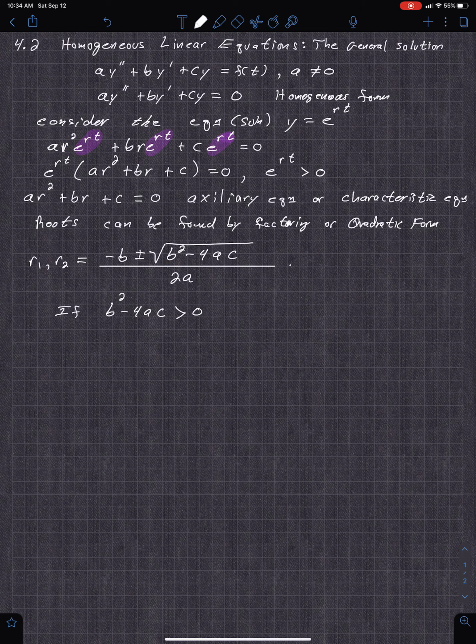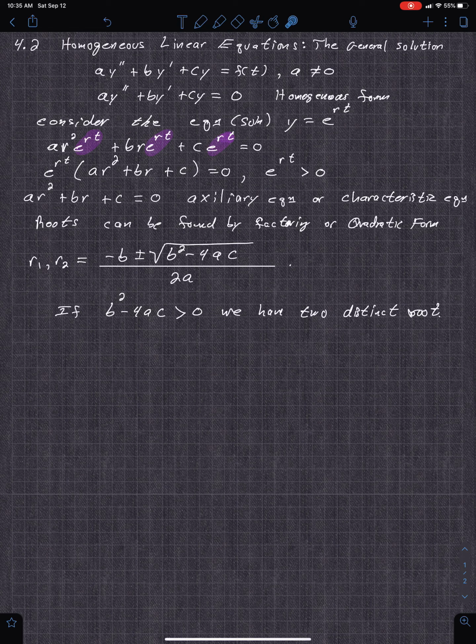So if b squared minus 4ac is greater than 0, we have two distinct roots. Meaning when you do plus or minus, you're going to get, say, plus 3 and minus 3, or plus root 5 and minus root 5.